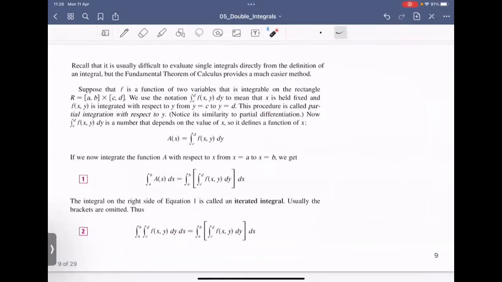Okay, let's go. I already explained this. When you integrate in two dimensions, the thing that you write inside, you have to integrate first, and then you integrate the outside after. So you can put dy inside as well, it's okay. Then when you put y inside, you have to integrate y first from c to d.